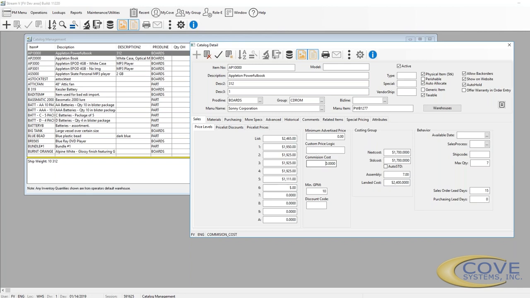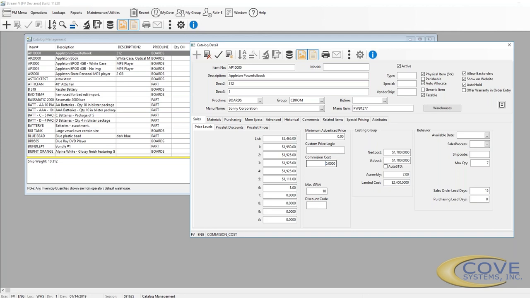Then you have the commission cost. The commission cost is a pure user-definable data element. This is basically the cost that you want to display to your salespeople. And usually it's considered a loaded cost. Maybe you buy an item where it has a cost of $100, but you've got $10 in inbound freight, $5 in duty, $5 in handling.